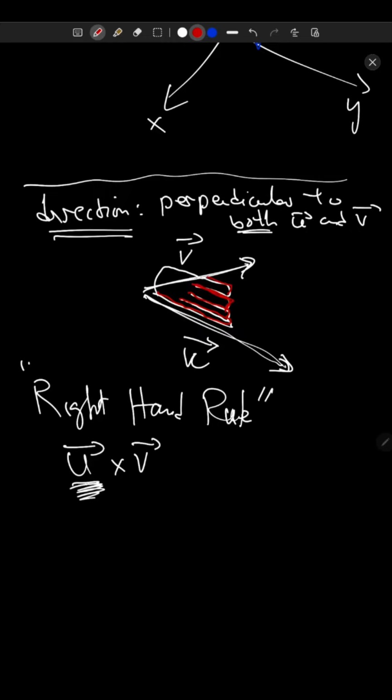So the blade of your hand right there is along the U direction.